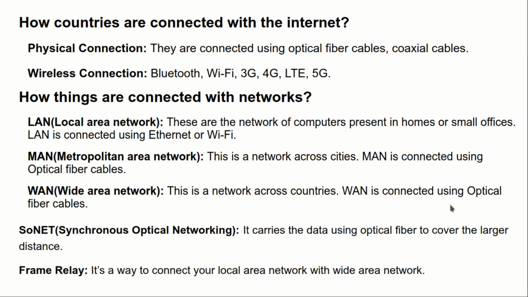There are two things you need to remember: SONET and frame relay. SONET is a synchronous optical network that carries data using optical fiber cable to cover large distances. And frame relay is basically used to connect the local area network with the wide area network.